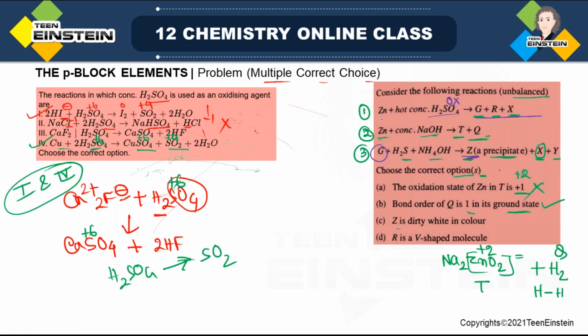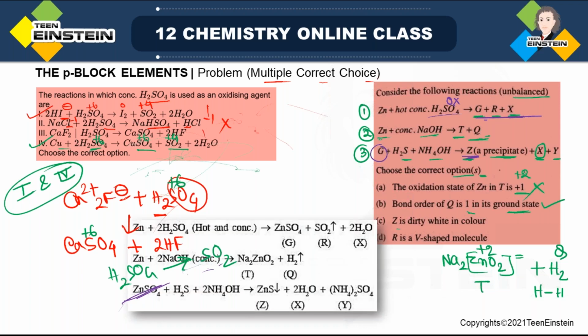And it will produce zinc sulfate. And remember, whenever H2SO4 shows oxidizing property, it will be converted to SO2. So among these 3 products, one of the products must be SO2. Another product will be zinc sulfate because the metal salt will always be produced. And the third product is water. Now see all these reactions.